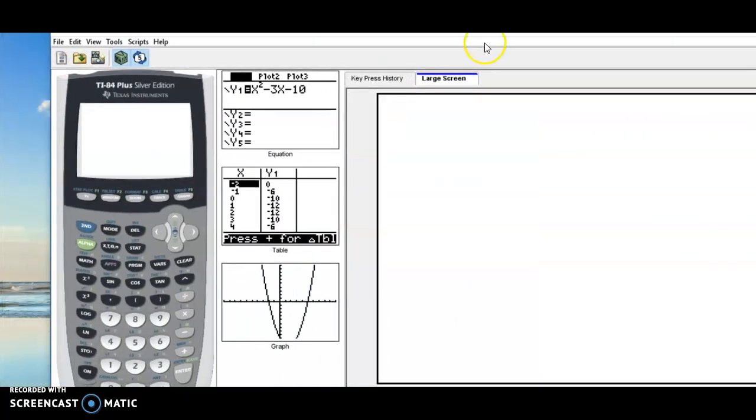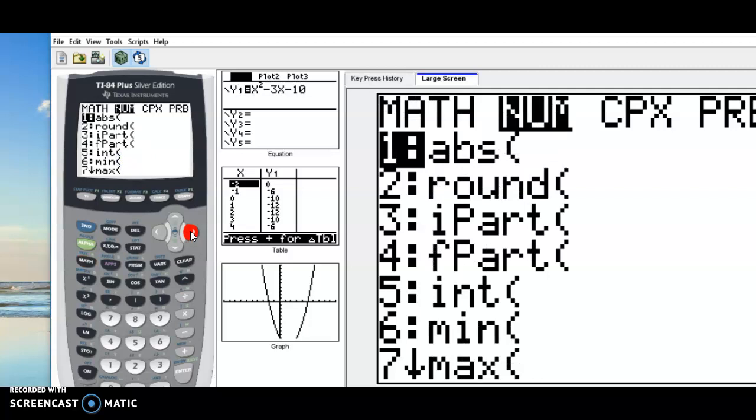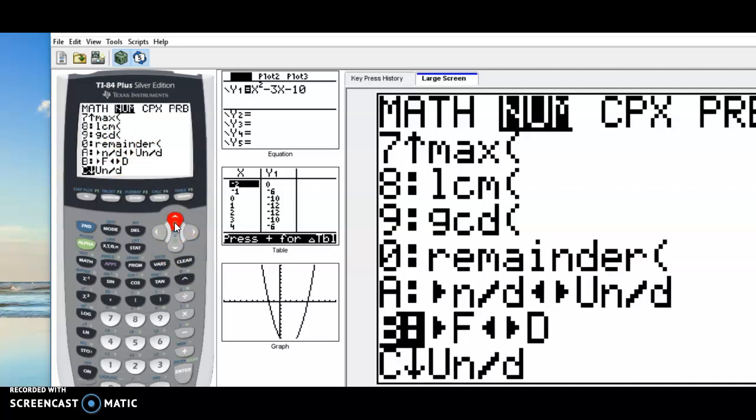There we go. And go ahead and press the math button. Obviously, the math button probably does something important. And then you have actually 4 tabs up at the top. So click over one to the number tab. And then if you go down far enough, all the way down to number 9, it will bring up GCD. Okay? Now that's obviously not GCF, but it's greatest common denominator. And it's the same concept as the greatest common factor.